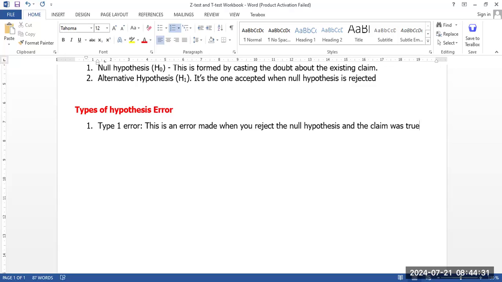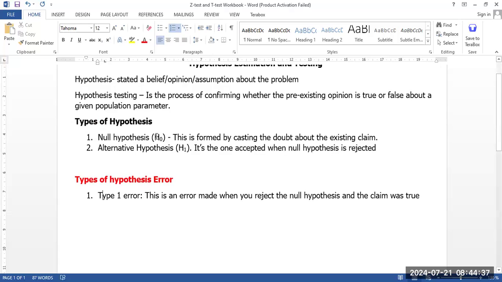Remember, as we test, we either accept or reject the null hypothesis.